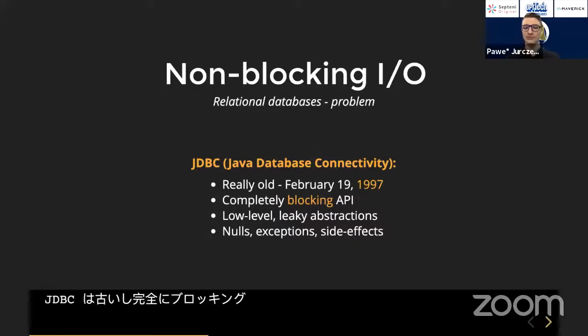The API of JDBC is completely blocking. The API is also very low level, with many leaky abstractions. It also has nulls, exceptions, side effects, basically all of that we functional programmers of Scala don't necessarily like. However, if we forget about JDBC for a while, a couple of options arise in this space.